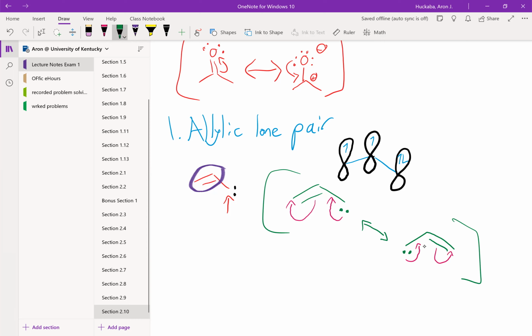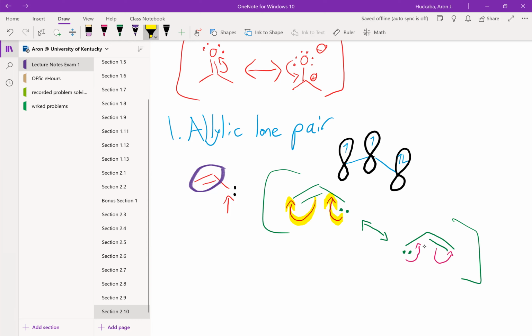Now, I want you to notice how I've drawn these arrows. The arrows went from a double bond and they went to an atom in one case. And the other arrow went from a lone pair to a bond, and that's where the head was.